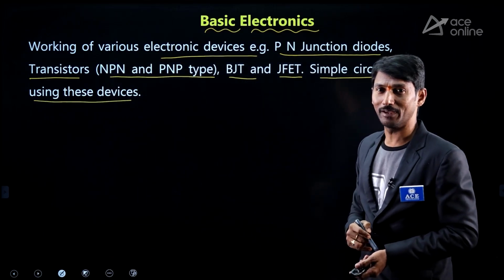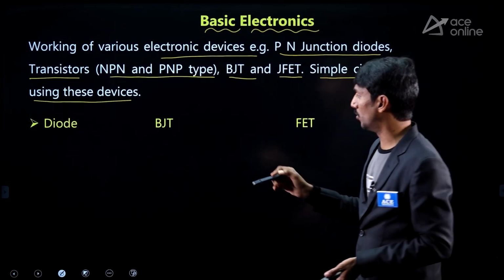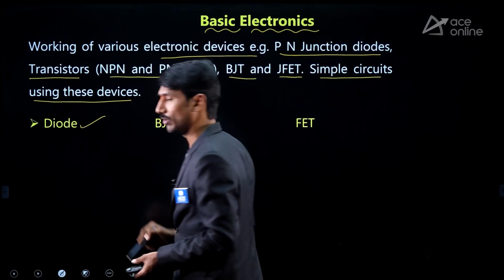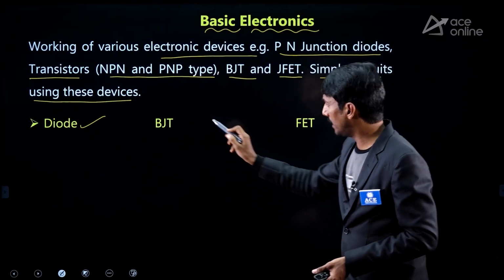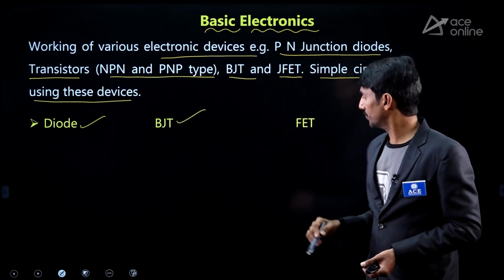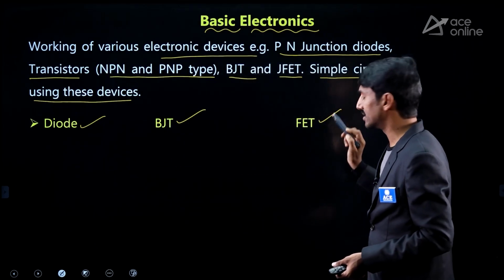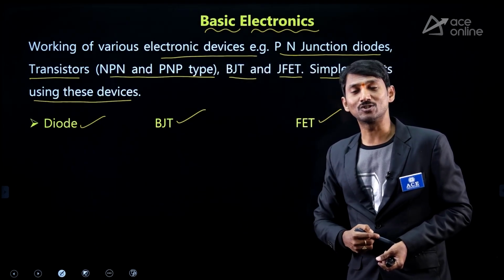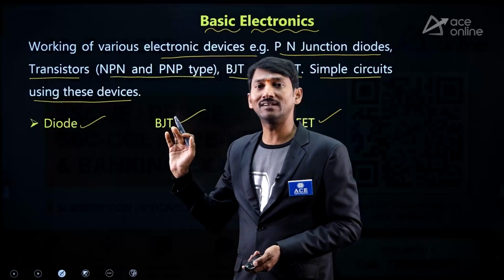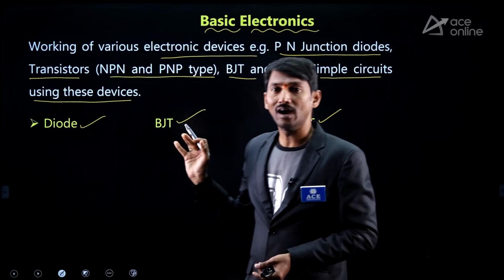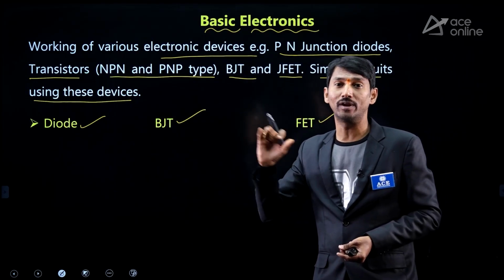Now, which topics should be focused on more? Focus more on the diode, forward bias and reverse bias, the different types of concepts, and BJT, transistor, and then FET. Kindly focus more on these, then you will have a better chance of getting a good score. So this is the complete information regarding the entire syllabus and how to prepare, that is, which topics are to be concentrated on more and more.